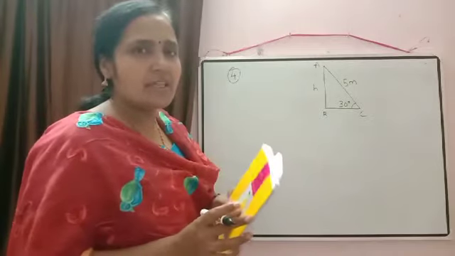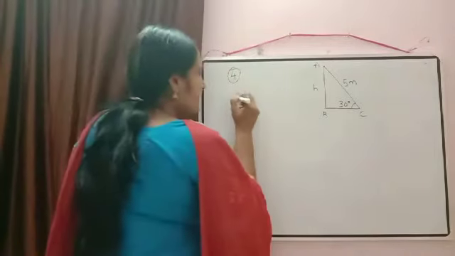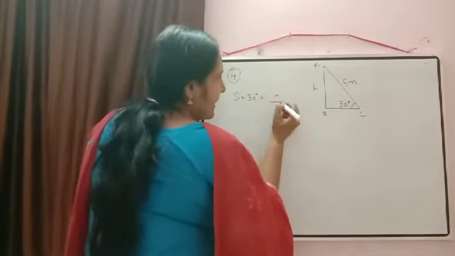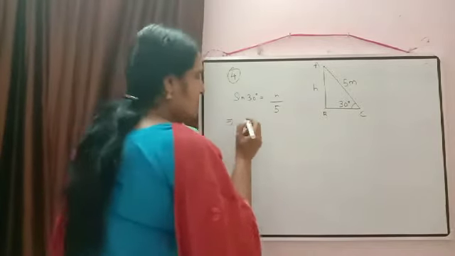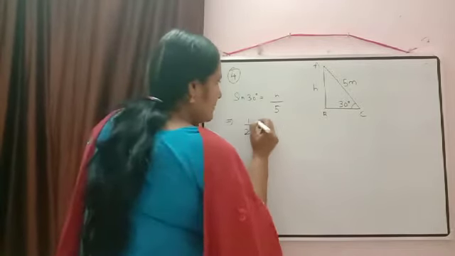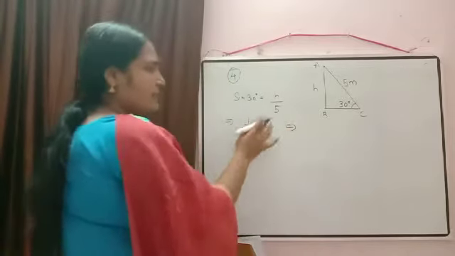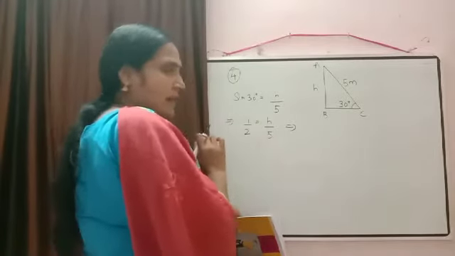Which trigonometric ratio? Correct, that is sine. So we will write here sine 30 degree is equal to h by 5. How much is sine 30 degree? Sine 30 degree is 1 by 2. So 1 by 2 is equal to h by 5. If you want, you can do cross multiplication. Otherwise, you can just shift this 5 here.